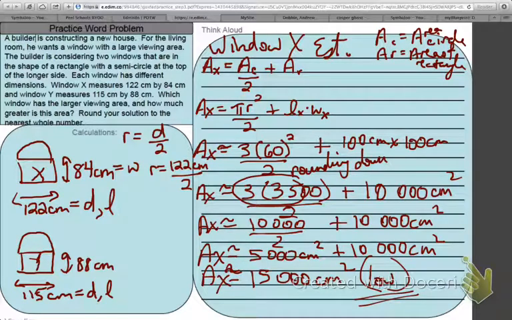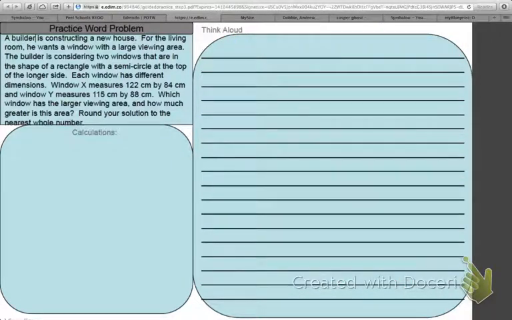So window Y, it's 115 by 88. So for window Y, we would run the exact same calculation where the area of Y equals the area of the circle plus the area of the rectangle, and then we have to substitute what the parts are to find the area of the circle.